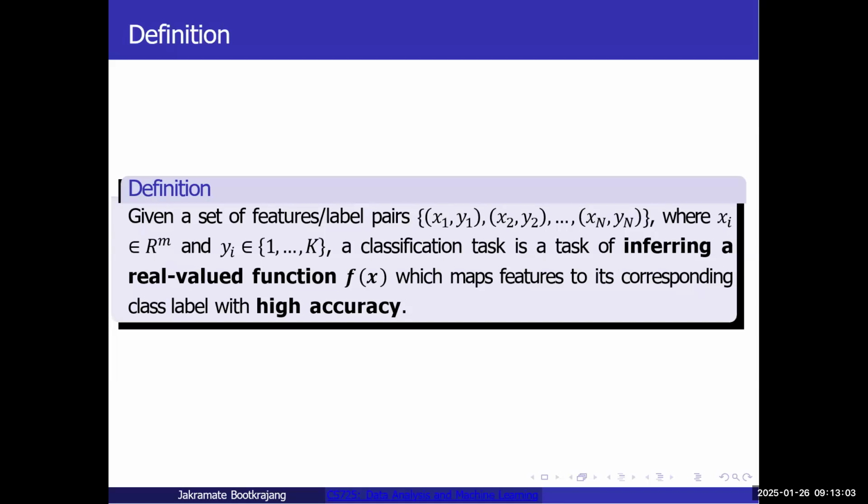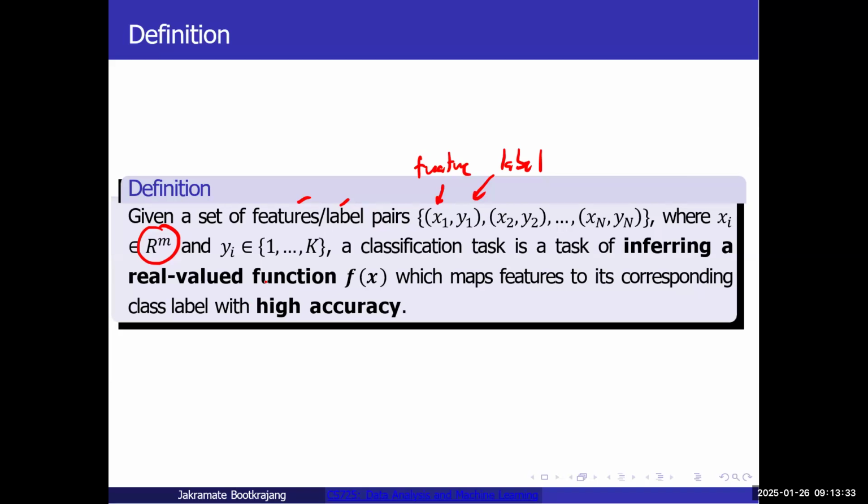we have our data. What does our data look like? It's going to be a feature-label pair. X is the feature, and Y would be the label. X lies in m-dimensional space, which basically means we have m features.